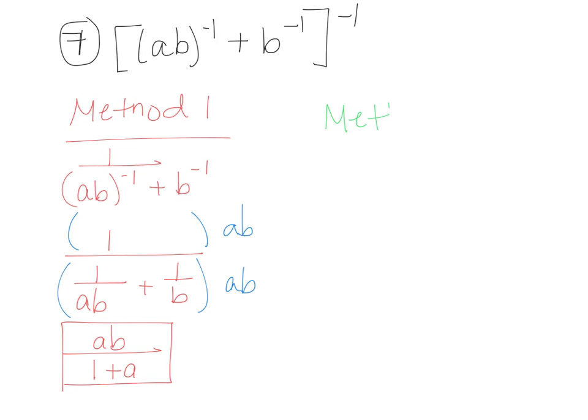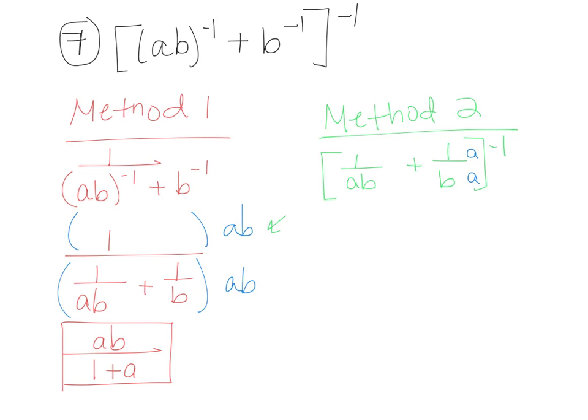Method 2 is a little bit more of using order of operations. Innermost parentheses gives us, let's see, 1 over ab plus 1 over b, all to the negative first. You could go and now really transform it back into, here. Or some people like to now get a common denominator. So they're going to multiply this by a over a.